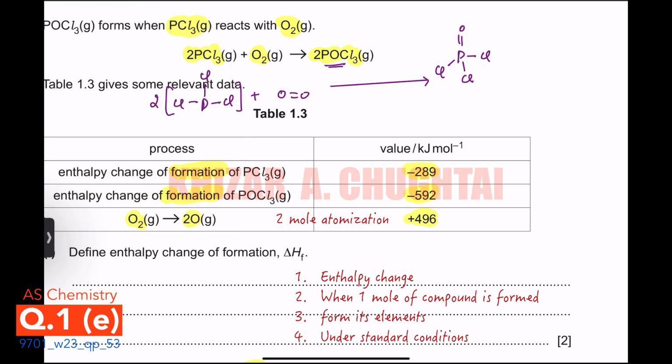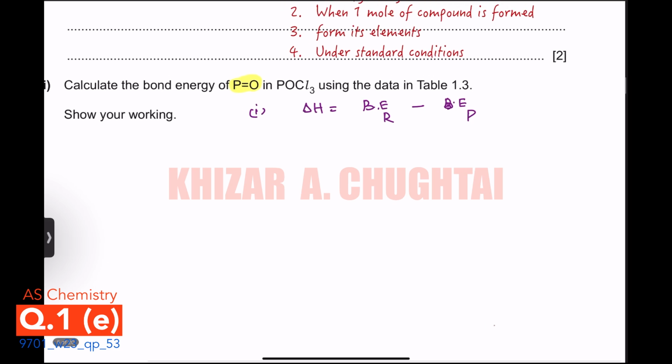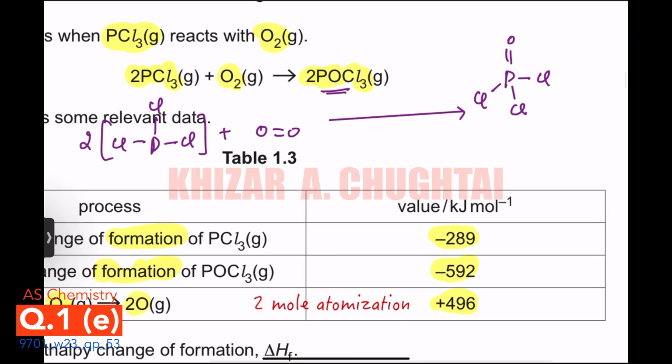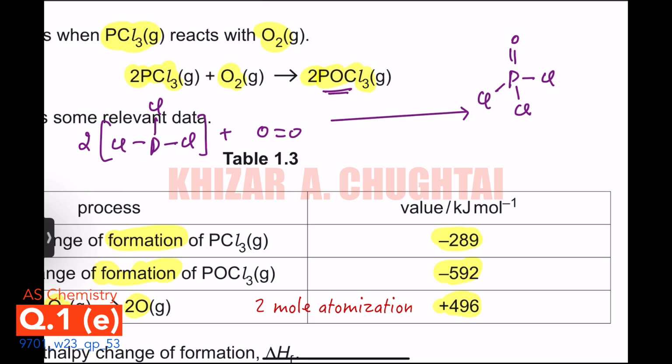Number 1, in this case, first of all, as I told you, I'm trying to use this formula. So first of all, I'm going to check the net bonds on both sides. What does it mean? It means that PCl bond 1, 2, 3, 3 2s are 6. On the left hand side, there are 6 PCl bonds, and same is the case, 2 into POCl3, and again here are 3 into 2, 6 PCl bonds on the right hand side.